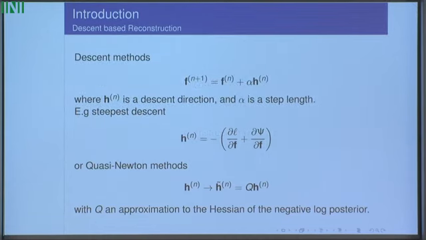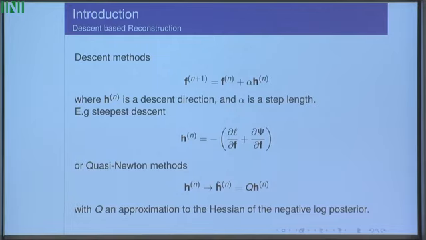And so when we do variational methods, we start with a descent method. So we do an iterative update of the current state with a step length times an update direction, which is based on the negative gradient of the likelihood.